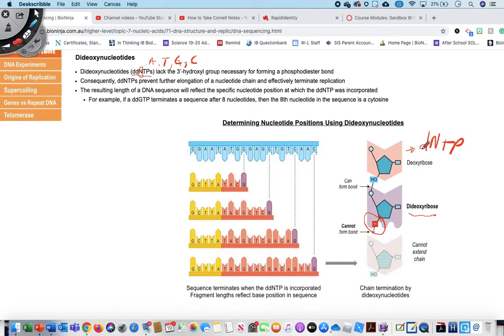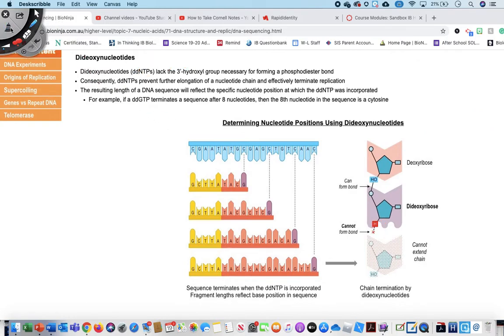So this is a regular deoxynucleoside triphosphate, and the nucleotide, again, can vary in the base that it has. It could be A, T, G, or C. In other words, you can think of these as just your regular nucleotides, and these as nucleotides that cannot keep elongating or forming bonds.